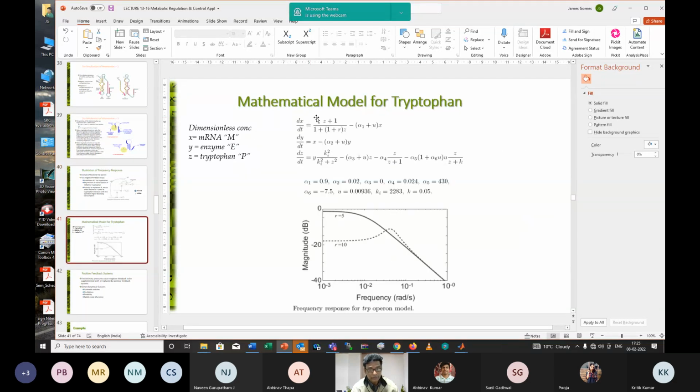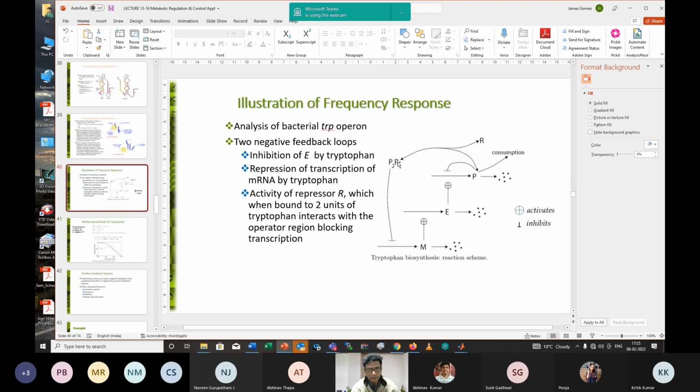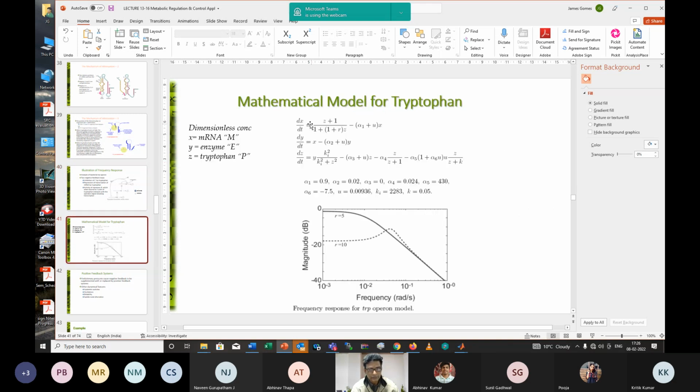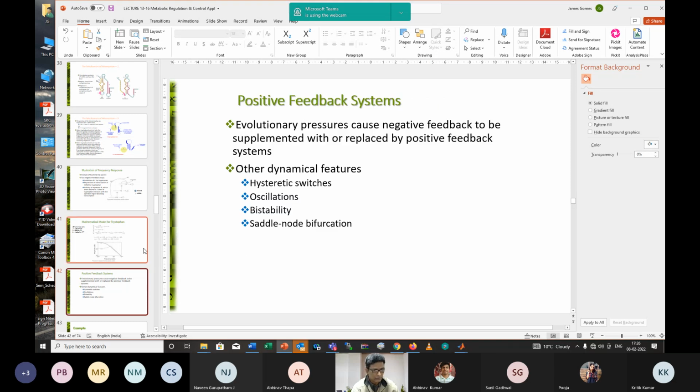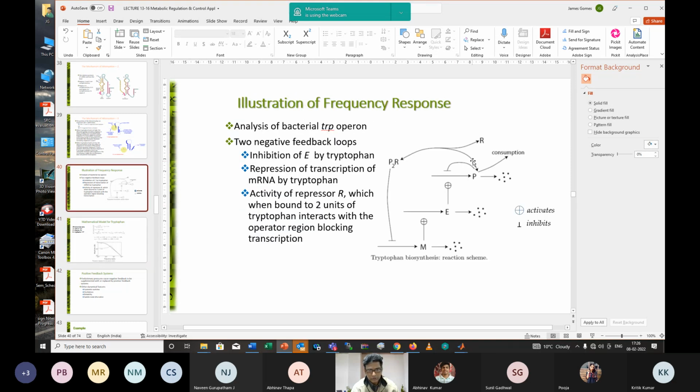The rate of synthesis of the mRNA depends upon its intrinsic rate of synthesis, which is given here, and there is a rate at which it gets removed or inhibited. That is this inhibition that comes here, and there is its own degradation that takes place. So two components are there.